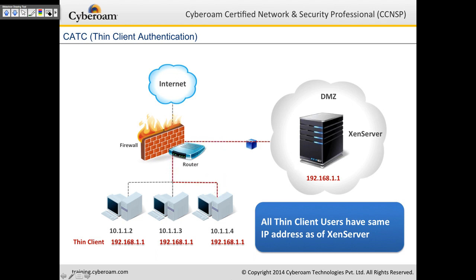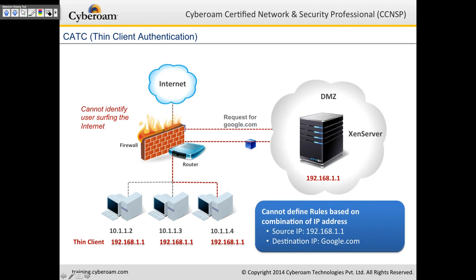So you can see the request goes to the terminal server and then you request for google.com. Now you cannot define rules based on a combination of IP address and destination IP. That can't be done. So the challenge here is the firewall sees the IP address of the terminal server. However, it doesn't understand there are so many sessions which are logged in at the same time.